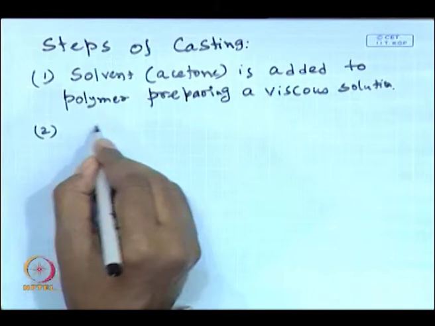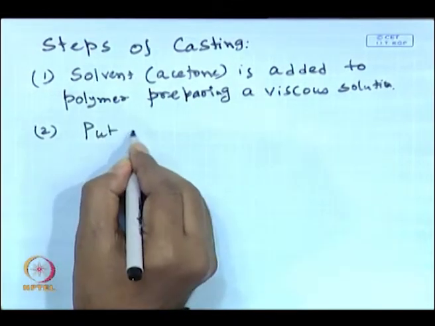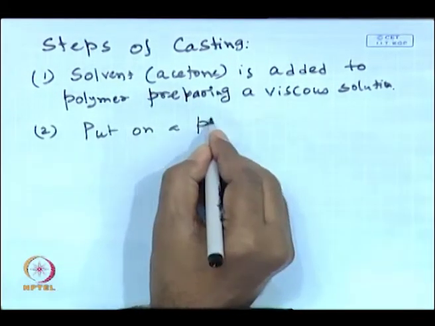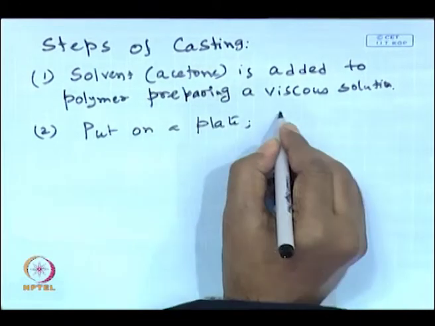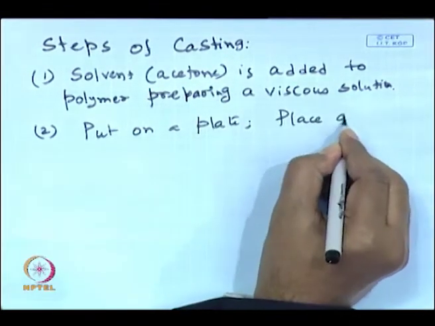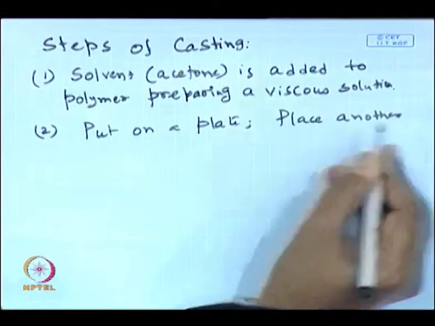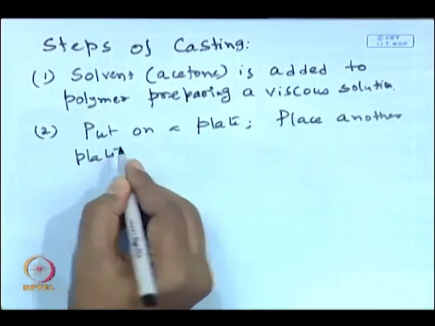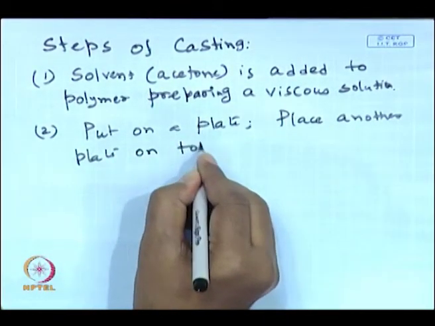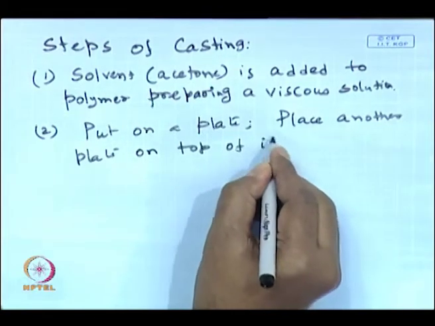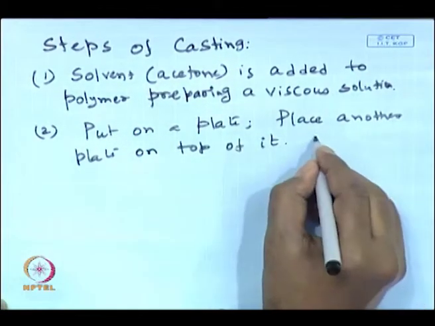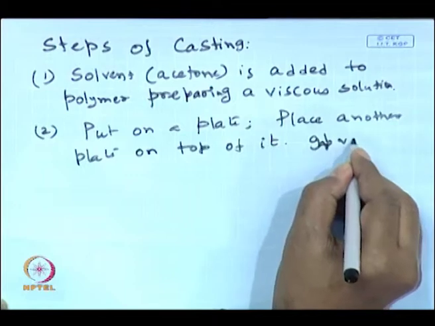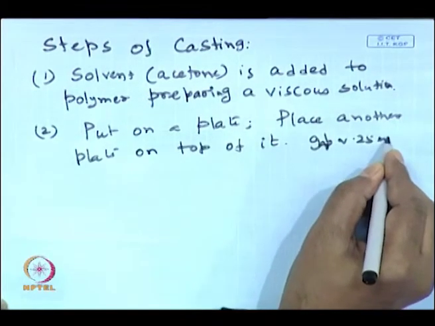The viscous solution is put on a glass plate, and another plate is placed on top of it. The gap is very small, around 0.25 millimeter.